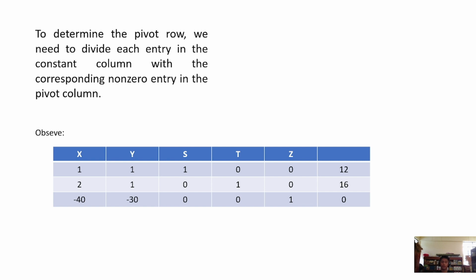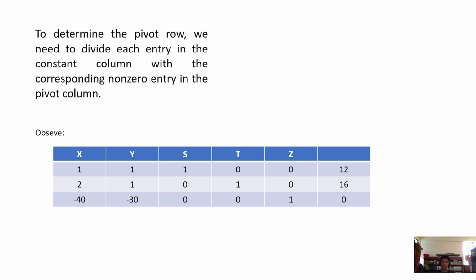The row that corresponds to the smallest positive quotient is the pivot row, and the pivot row and the pivot column intersect at the pivot element. In order to calculate the quotients, we divide the entries in the far right column by the entries in column 1, not including the entry in the bottom row.